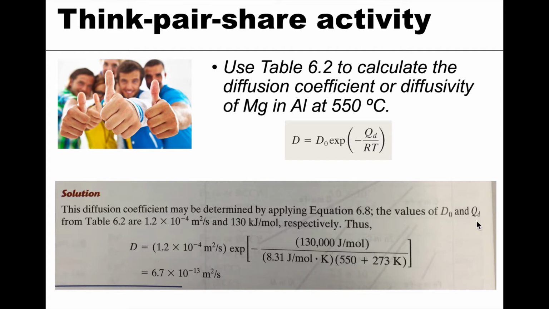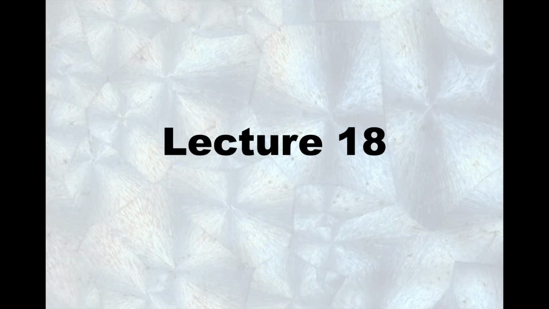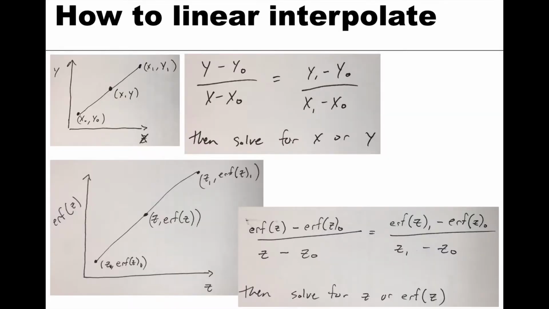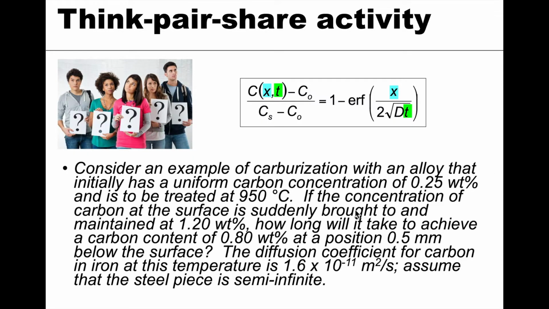I do want to draw your attention back to the previous module from last class, where in that example problem, the diffusion coefficient of carbon in iron was given to us at a specific temperature.